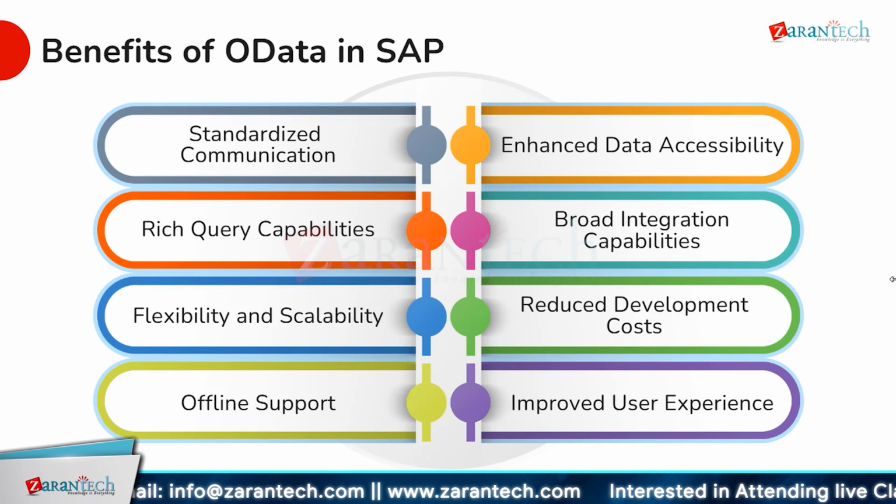OData also shines with its broad integration capabilities, enabling seamless integration across various applications and environments. But that's not all. It provides flexibility and scalability. So, whether your data is small or large, OData adapts easily. Plus, with reduced development costs, it saves businesses time and resources.